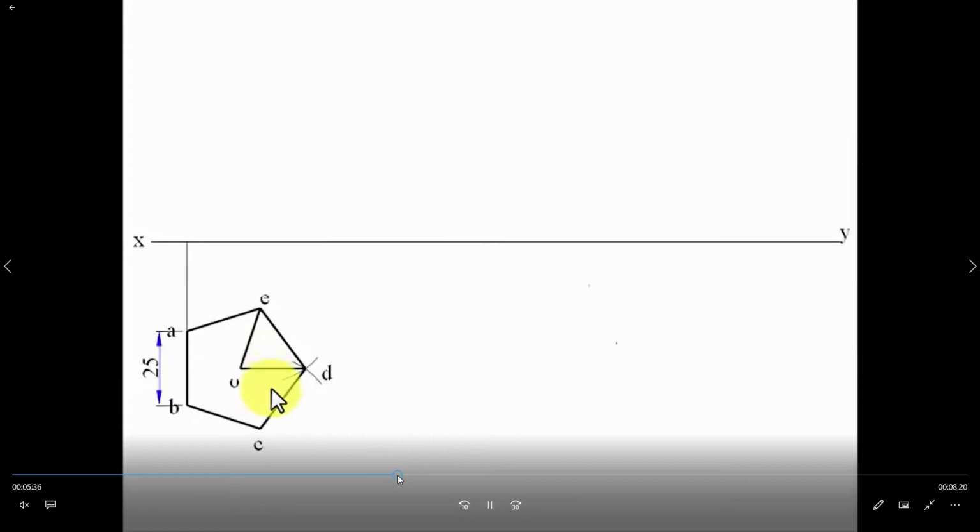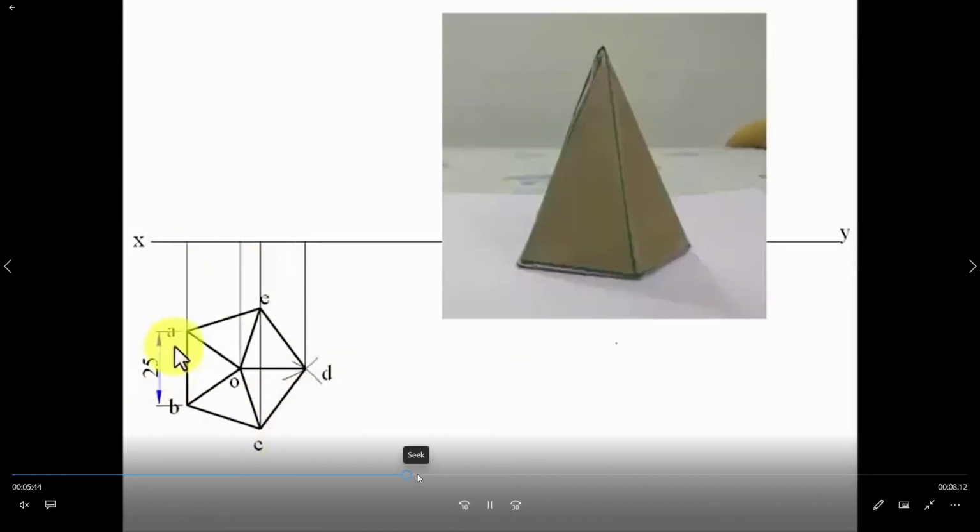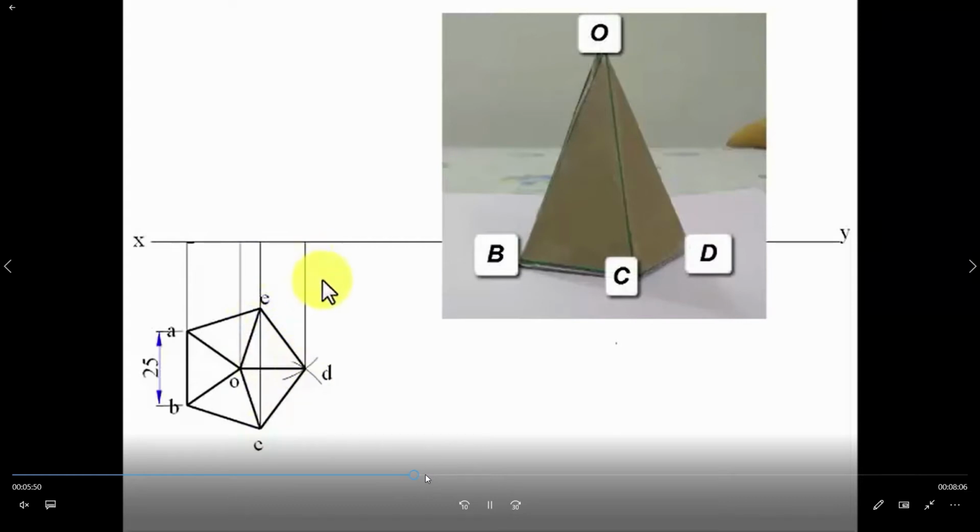Okay, in this way we draw. This is the axis point. So now you extend each corner side onto the reference line. That is the front view of the pentagon sides. Axis distance is 50 mm.